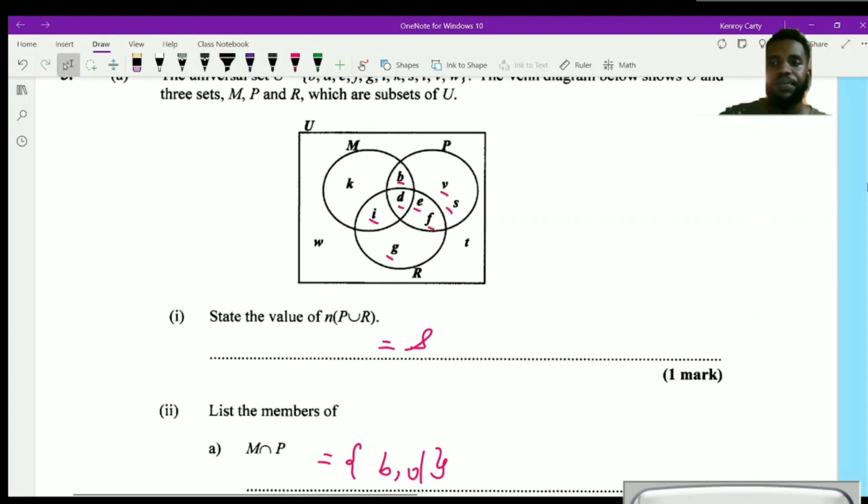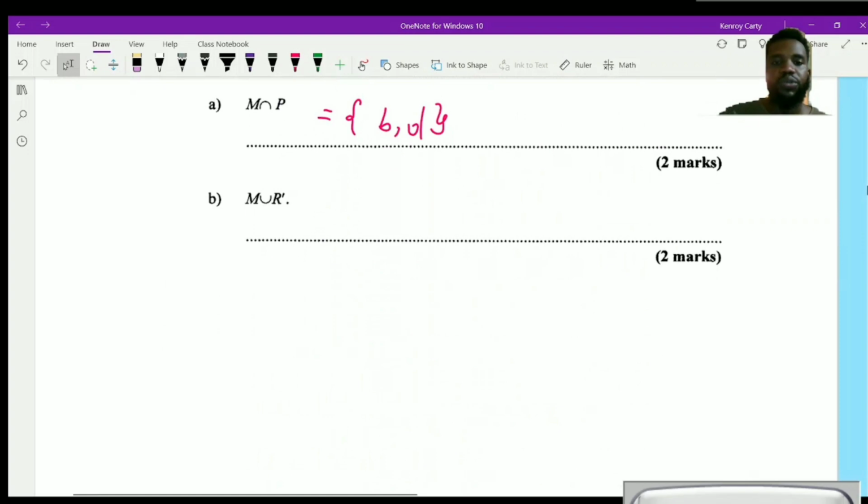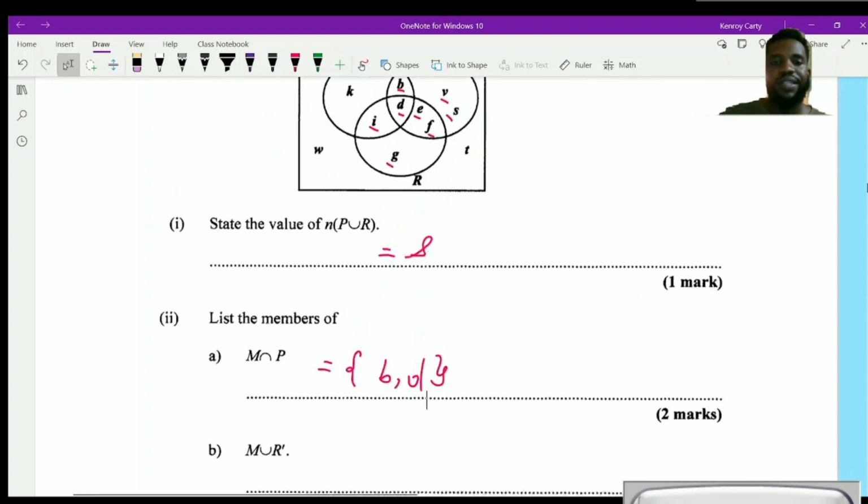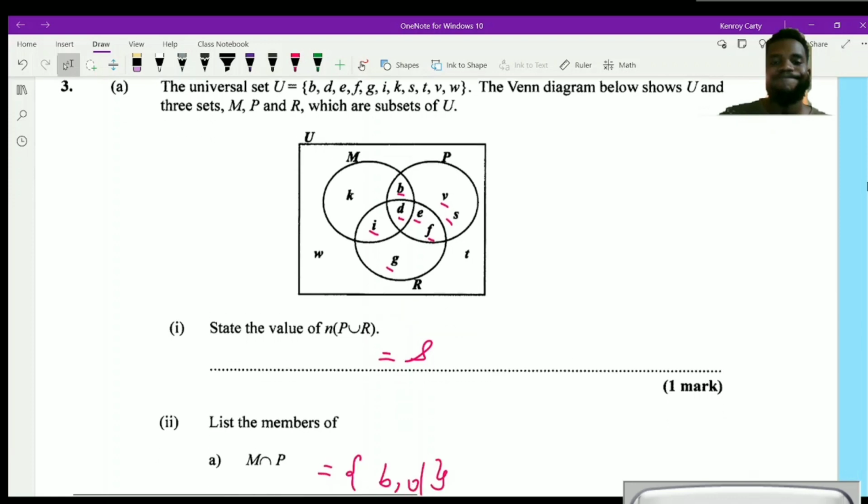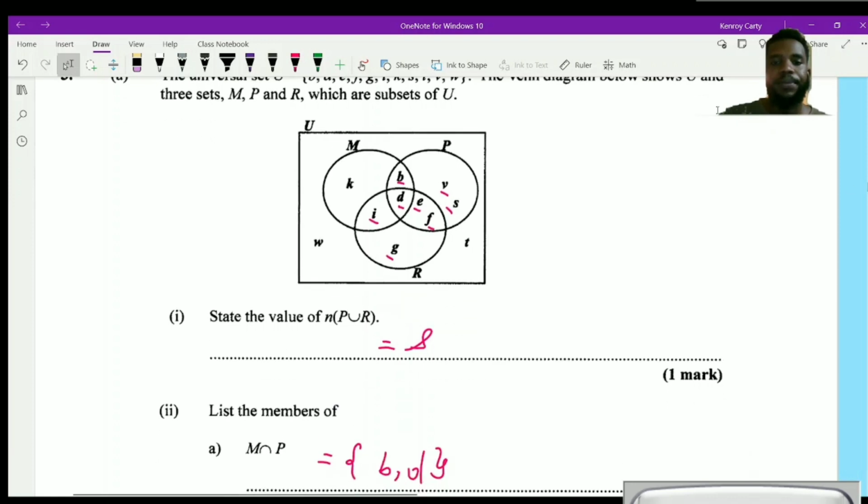Let's take this down some more. M union R complement. So you're going to join M with what is not in R. Let me use a different color. Let me use green. In M, you can find all these.